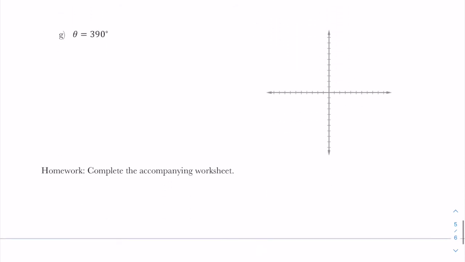And in part G, it looks like we have a repeat over here. So I'm just going to make one up on the fly. Let's maybe do, how about negative 180? Okay, here we go.